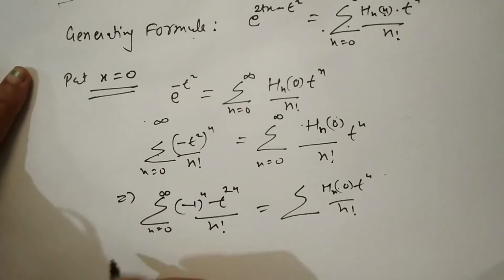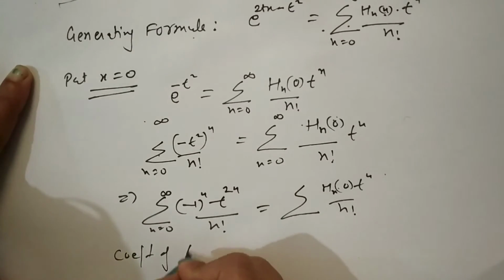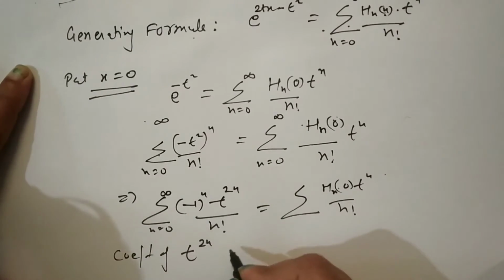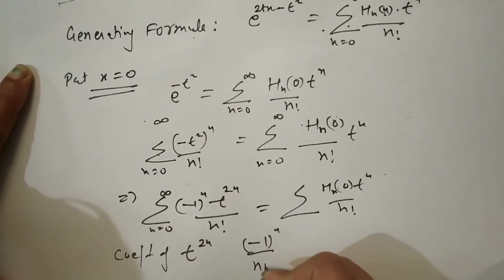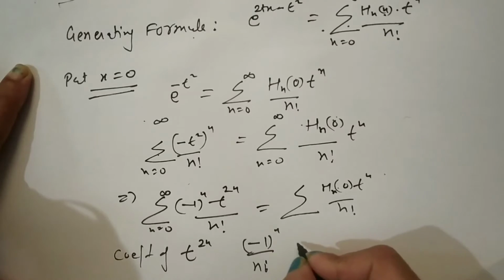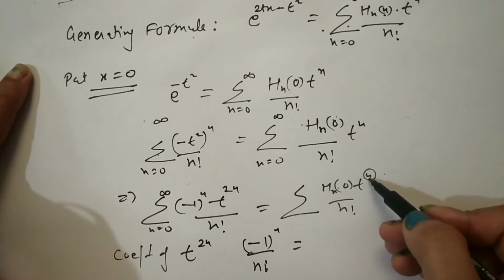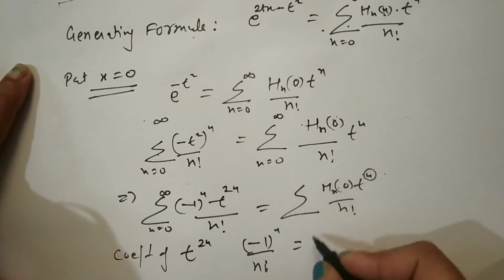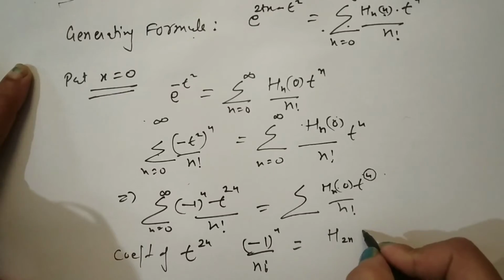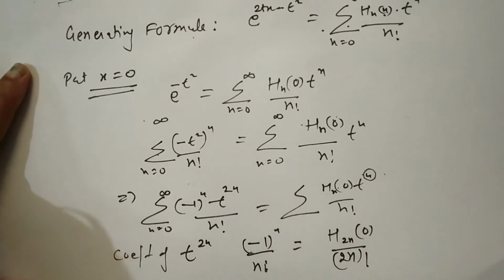So the coefficient of t raised to power 2n here will be minus 1 raised to power n upon n factorial, and on the other hand it is the coefficient of t raised to power n. When it is 2n here, then the denominator will also be 2n. So it will be H_2n(0) upon 2n factorial. Right?